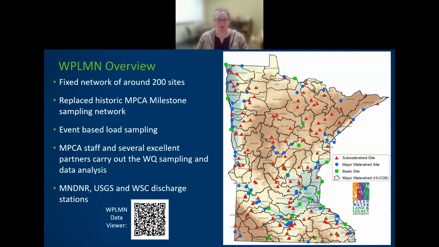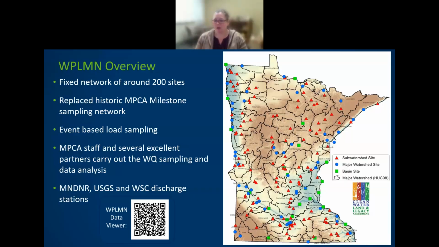The flow data we use comes from the Minnesota Department of Natural Resources, USGS, and then we have one Water Survey Canada site up in the northwest corner of Minnesota, right after the Red River goes into Canada.